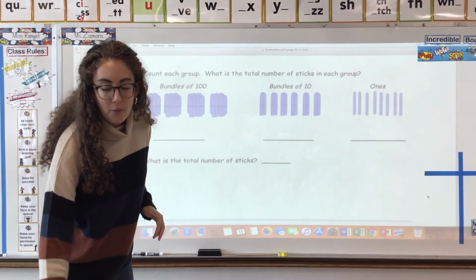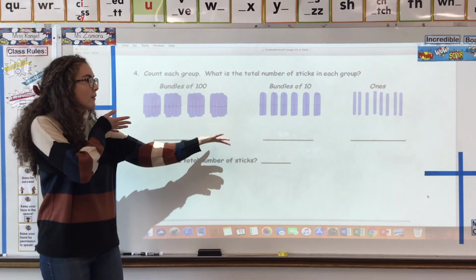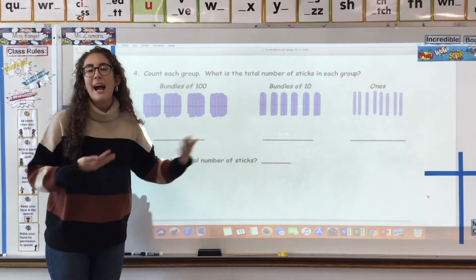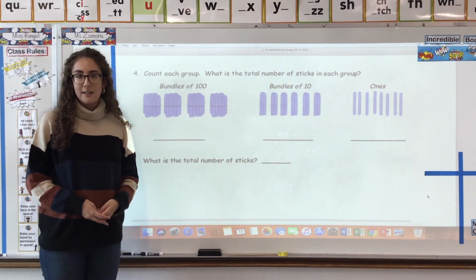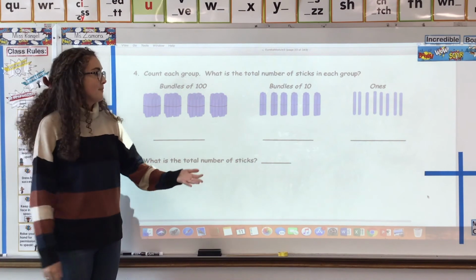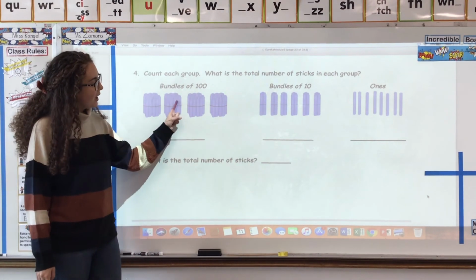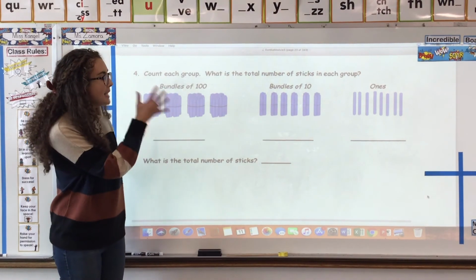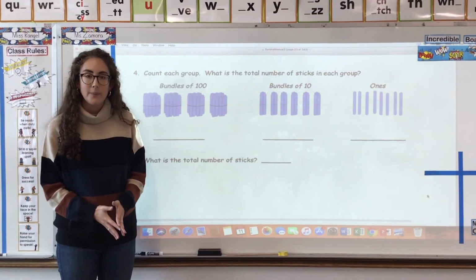And then number 4, what you're going to do is, of course, determine what number this is by the value picture that you see. So that's what we just practiced. You're going to take a look at the hundreds, tens, and ones and determine what number is being shown here.